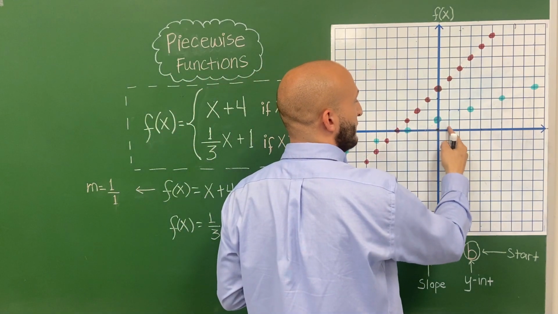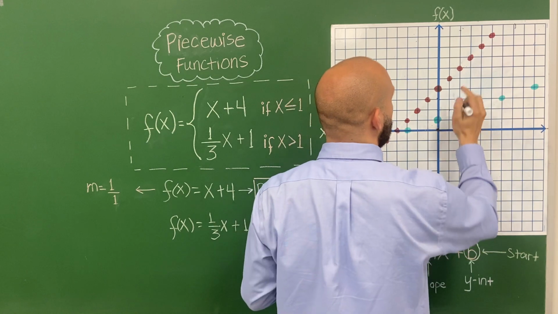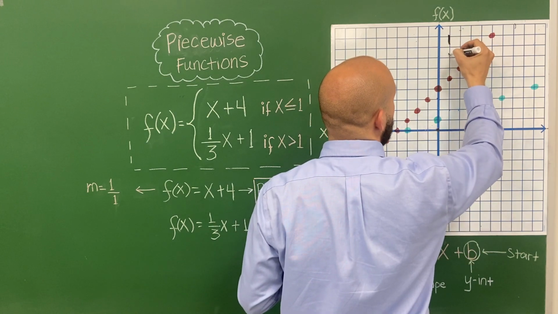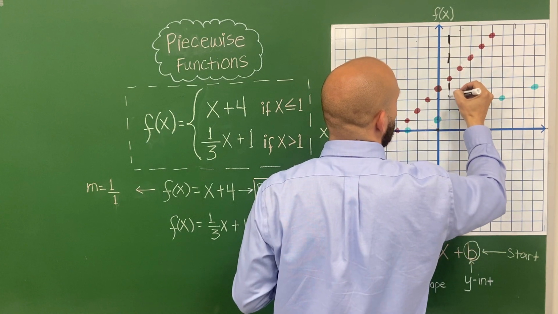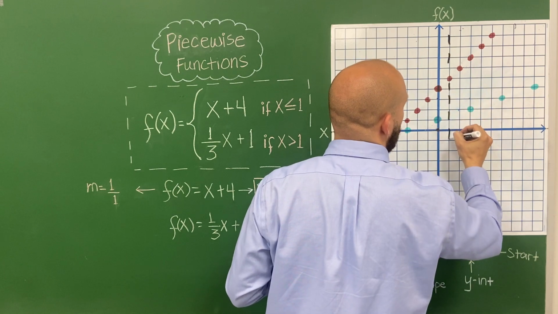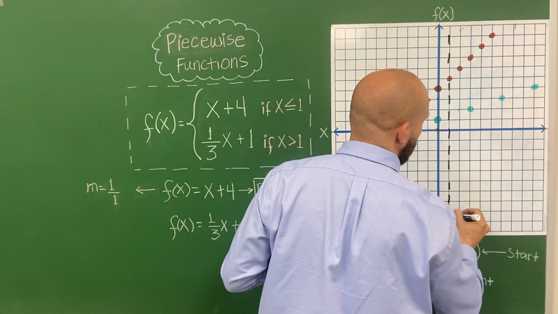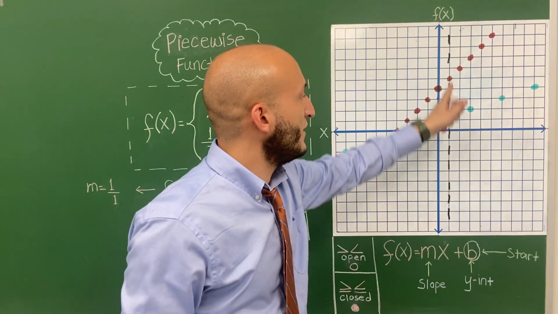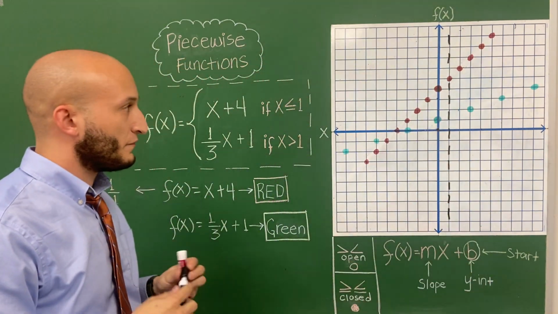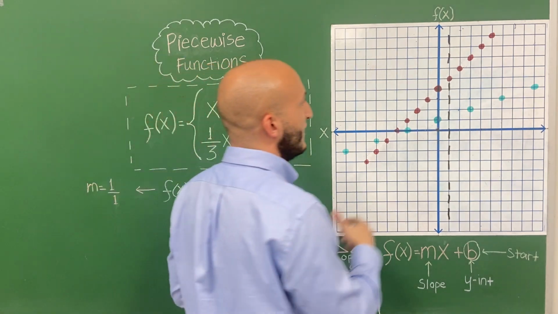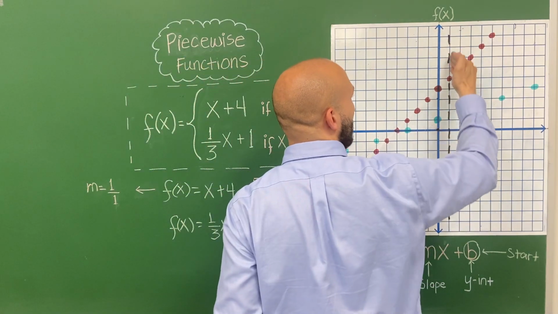This would be a positive 1. So I'm going to put a dotted line through here, just to represent that this dotted line is where x equals 1. And I notice that this point lands on 1.